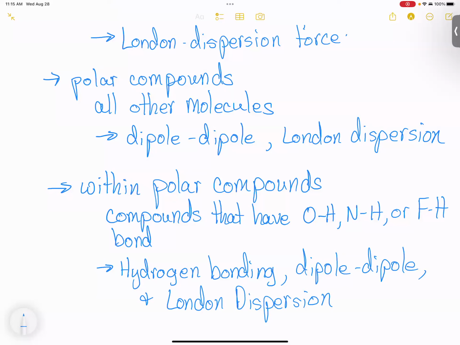Basically, folks, if you think about the table of electronegativity, the FH bond, the OH bond, and the NH bond are the most polar bonds out there. So they are polar, but they are the most polar. And so we get the hydrogen bonding as well.